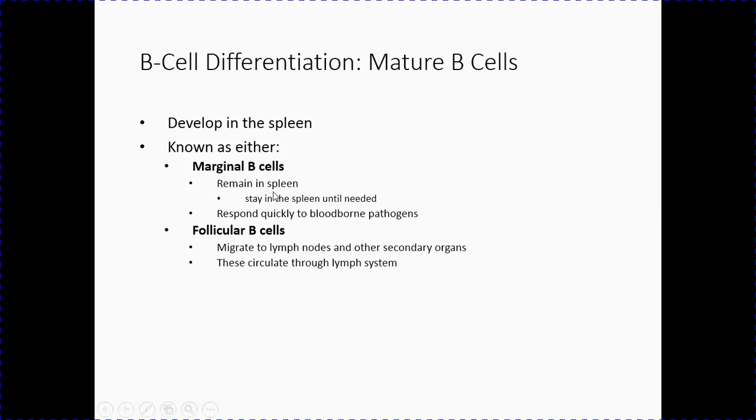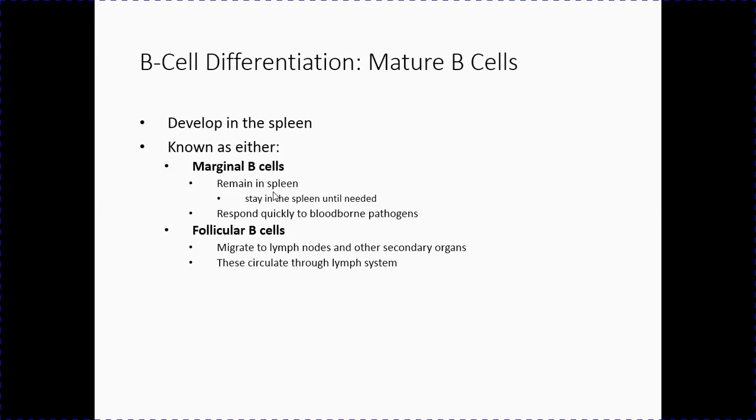We talked about how the high degree of blood flow through the spleen provides an excellent point of contact between B cells and foreign antigens. As a result, B cells hang out in the spleen, and they're allowed to quickly respond to blood-borne pathogens.